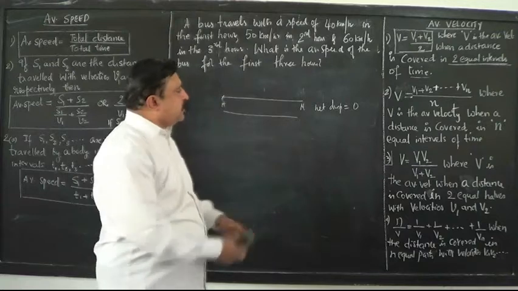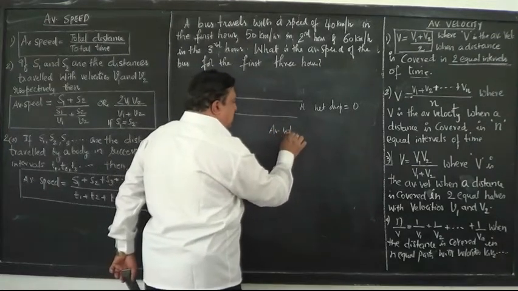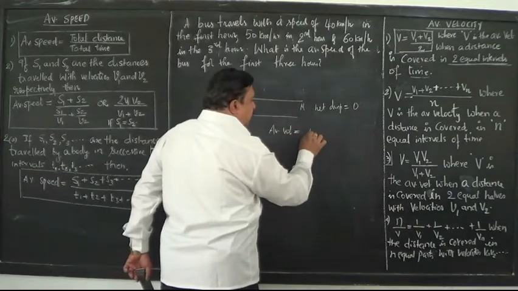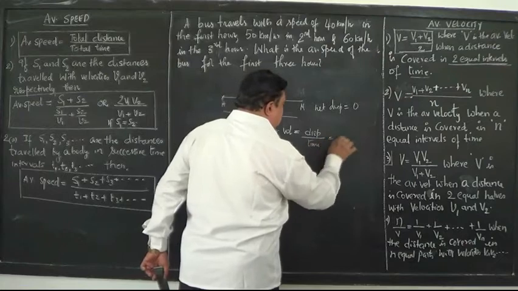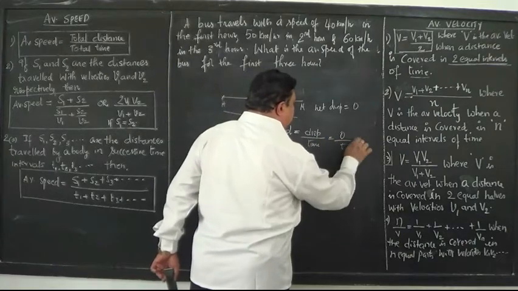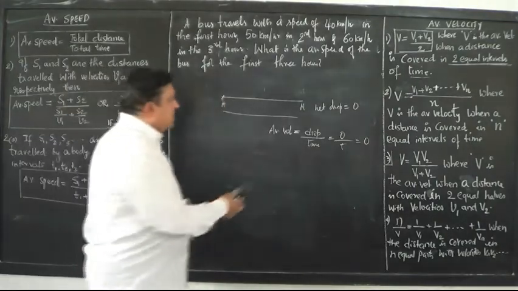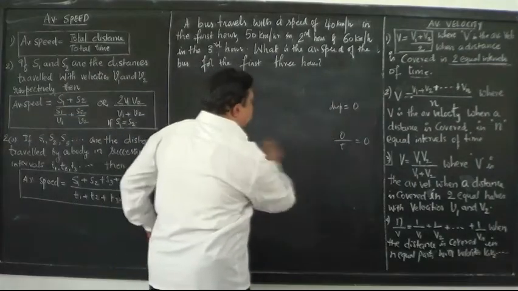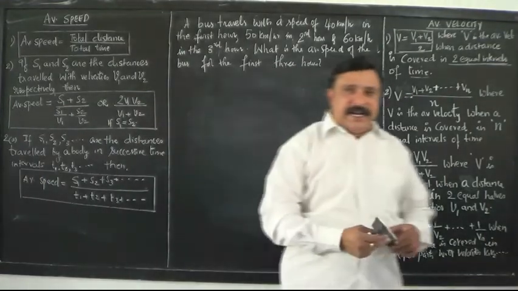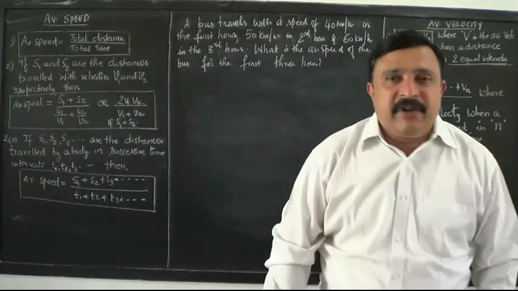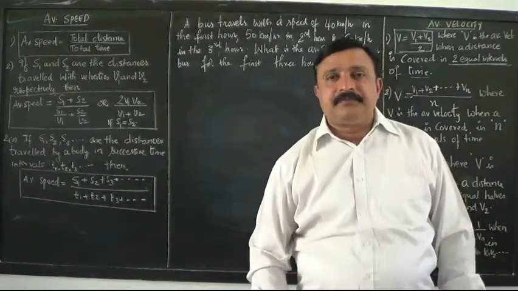Average velocity is the rate of change of displacement over time. Since 0 over time gives you 0, the average velocity of the person is 0. So remember, in all such cases, when the particle comes back to its initial position, it will not have average velocity, it will have only the average speed.